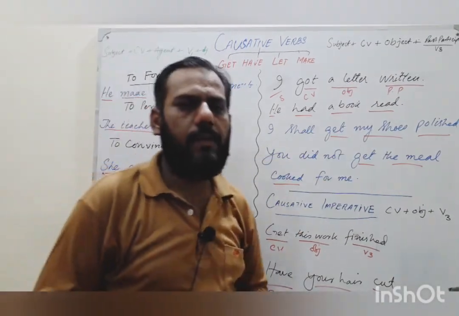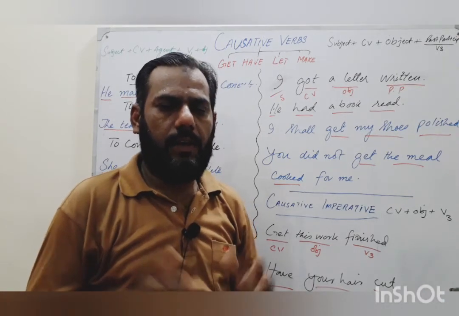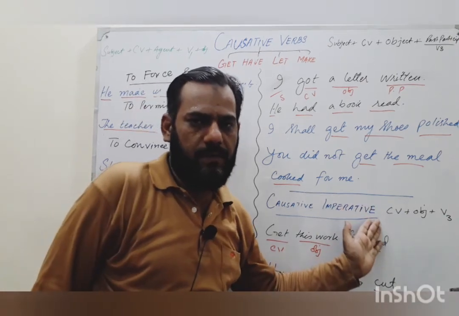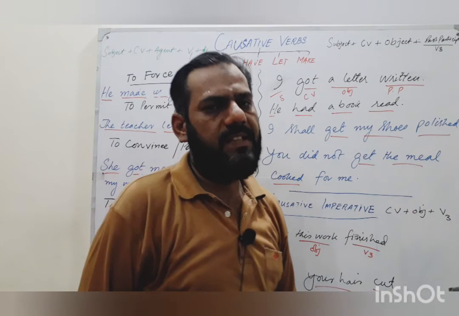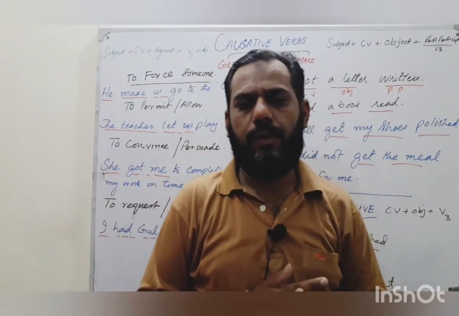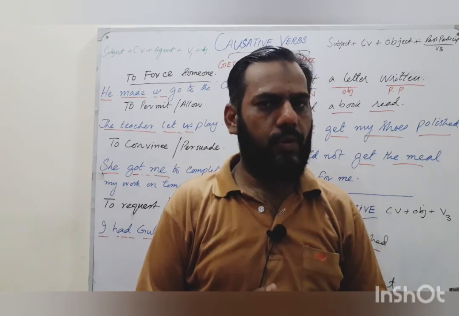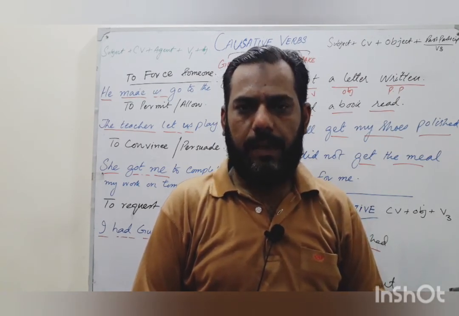And the third way, last but not least, is imperative sentences. Causative use in an imperative sentence is very simple to understand. We use the causative verb first of all, and then the object, and then the third form of the verb. So this is the real story of the causative verb in grammar, and I hope you have understood the concept of the causative verb and its usage.